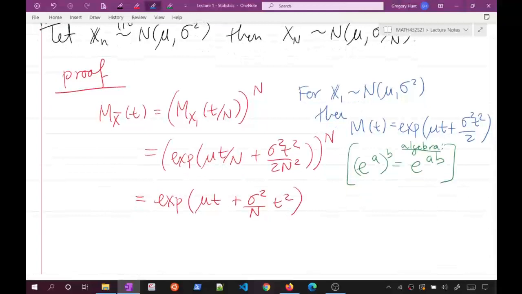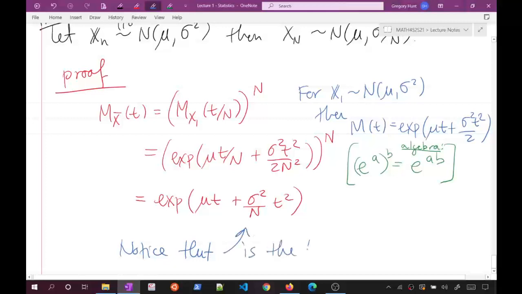And the completion of the proof is that notice that is the MGF of a normal distribution with mean mu and variance sigma squared over n. What do I mean by that?